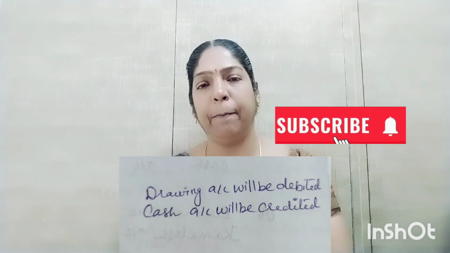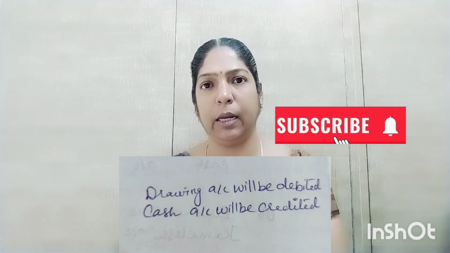If you withdraw cash from your business, what happens to the asset? Asset will decrease. What is the rule of the asset? If assets decrease, you have to credit the asset account. As per the rule of the asset, we have to credit the cash account. Now we have to present these two accounts in the journal entry. Drawing account will be debited and cash account will be credited.